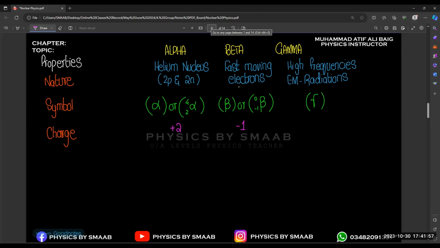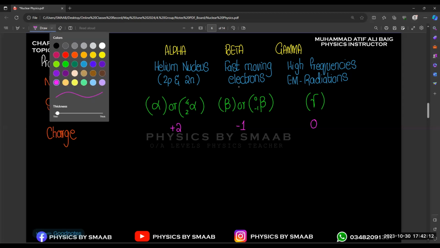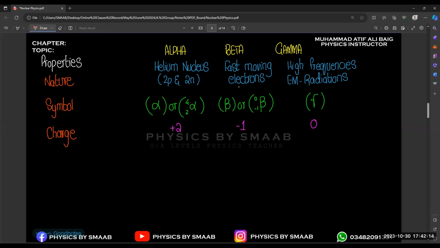So basically, the charge of gamma is 0, because gamma is simply a frequency, only a type of energy. Okay, so there will be no charge on gamma. And further, the next property is related to their penetration power and their ionization power.